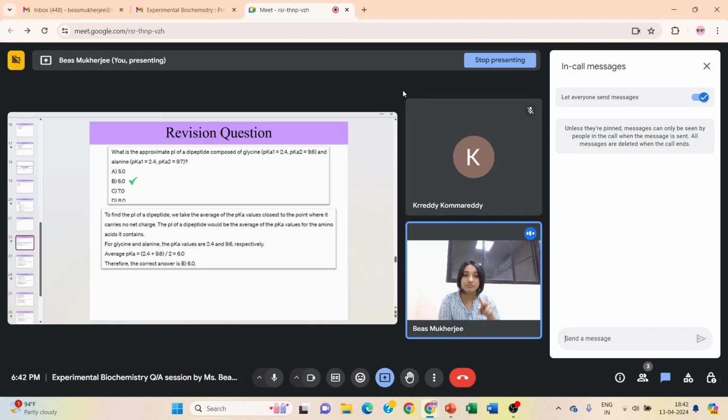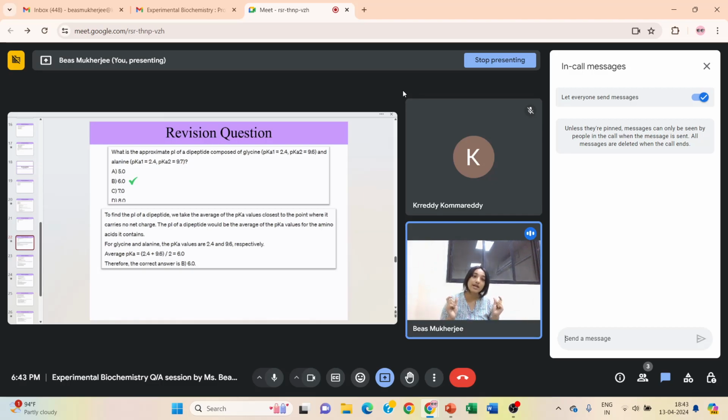There are only two ionizable groups. One is at the N terminal, one is at the C terminal. So the N terminal is the NH2 group of glycine, so that is 9.6, and in the C terminal of the dipeptide you have the ionizable group of alanine, which is 2.4, the carboxyl group.